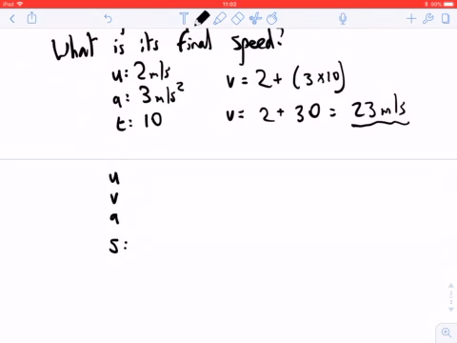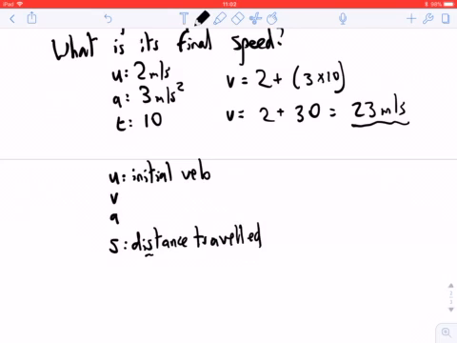We're going to use s to stand for the distance travelled. That's confusing, of course, because you would think that s would be speed, but just remember distance has got an s in it. So in this equation, u will be our initial velocity, v will be our final velocity, and a will be our acceleration.